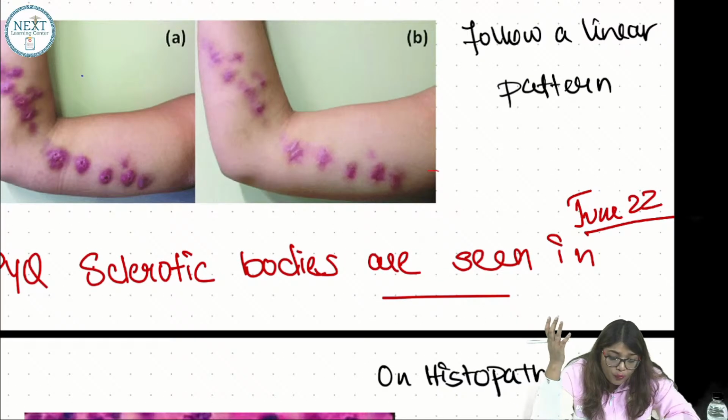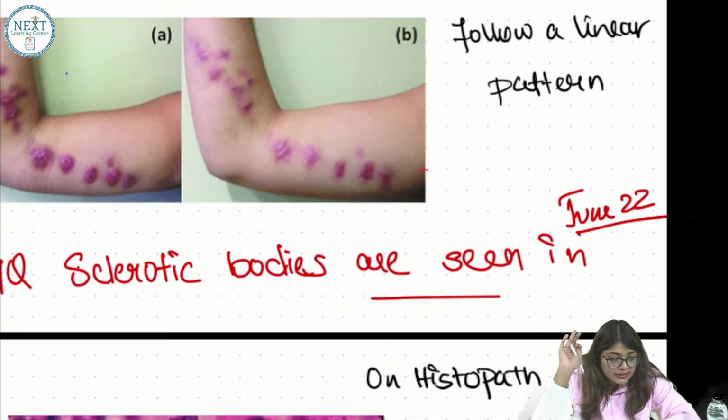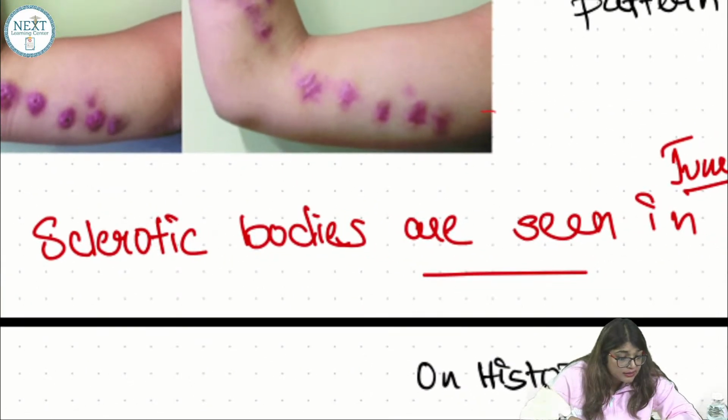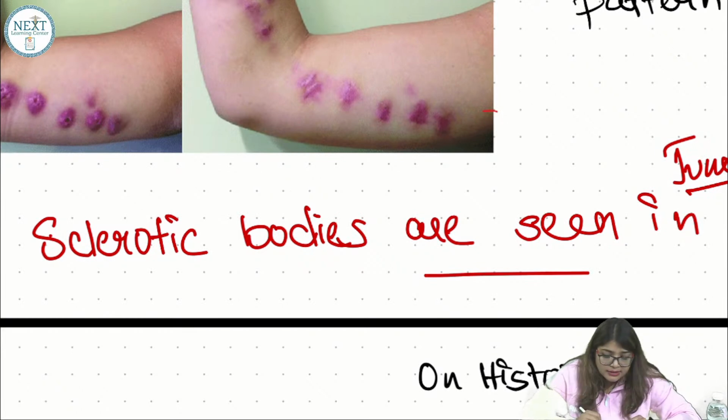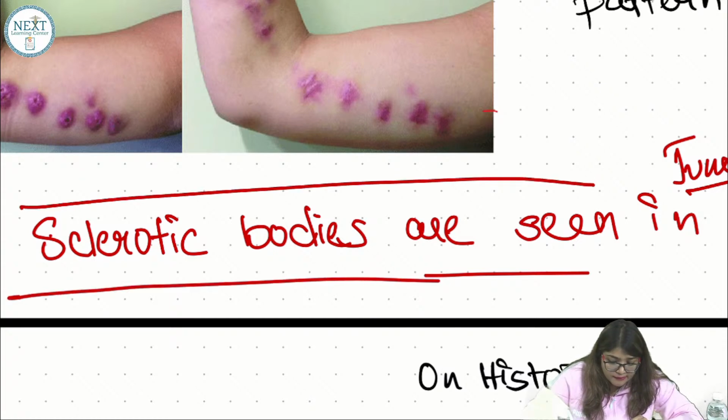What is the answer now for this? Sclerotic bodies are seen in what? Look at the question and answer. Don't look at the image, I'm asking you this question.